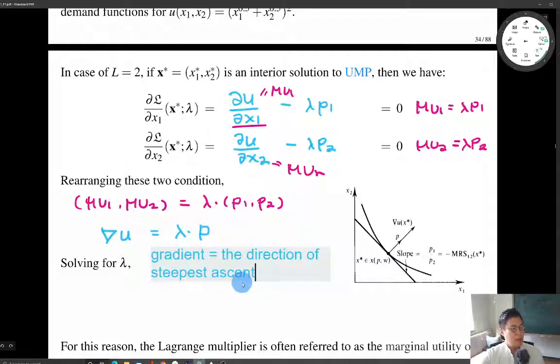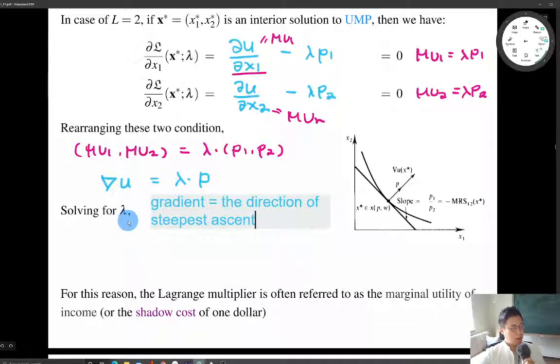Regarding the Lagrange multiplier lambda, there is a nice interpretation: the multiplier can be understood as the marginal utility of income. The way to see this is to think about this condition. We take this condition and divide by p1, then solve for lambda, and we have mu1 over p1.